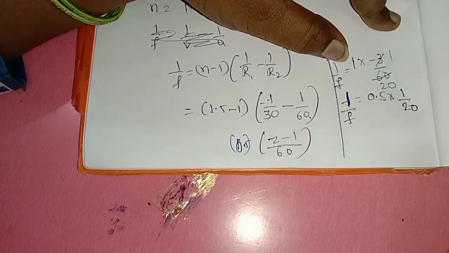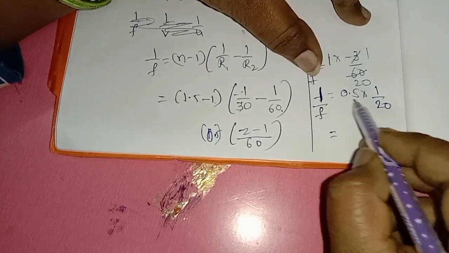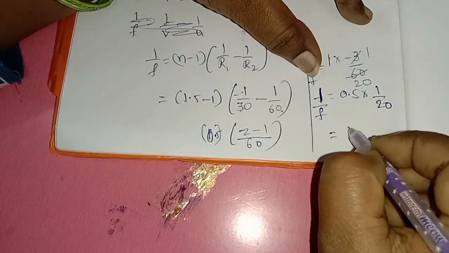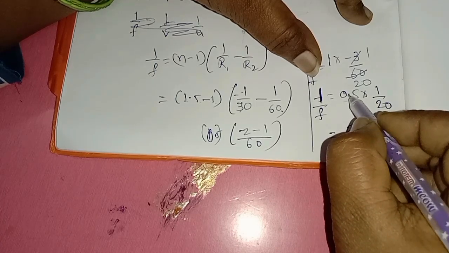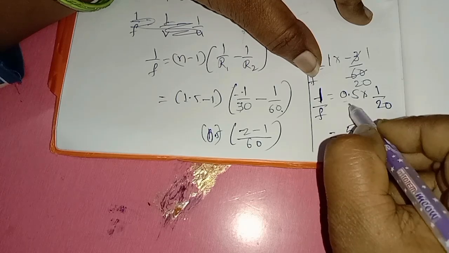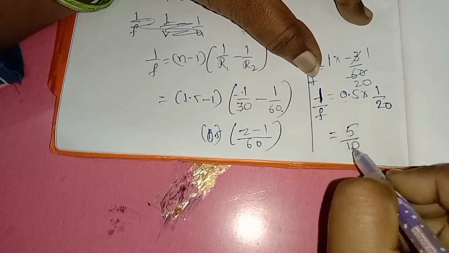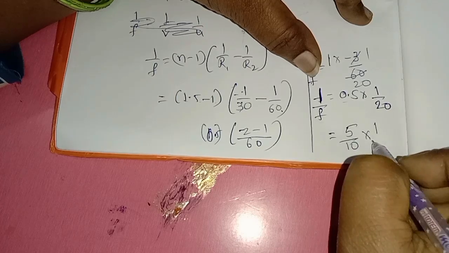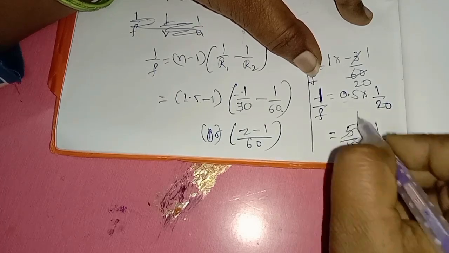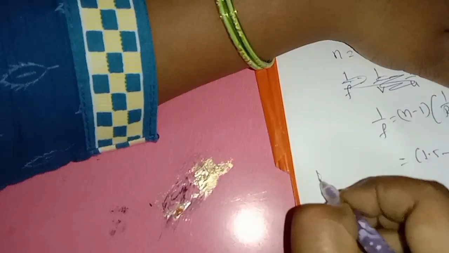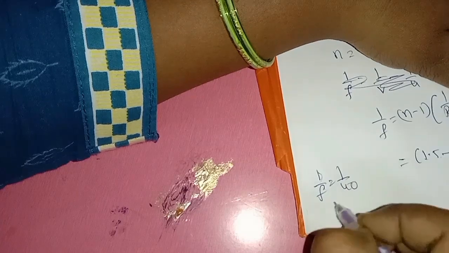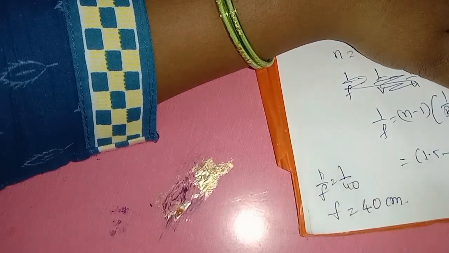For 0.5 I write 5 by 10, removing the decimal point; the number of digits after the decimal point gives the number of zeros. With 1 by 20, cancellation gives 1 by 40. So 1 by f equals 1 by 40, and f equals 40 centimeters. The focal length of the lens is 40 centimeters. This is your problem.